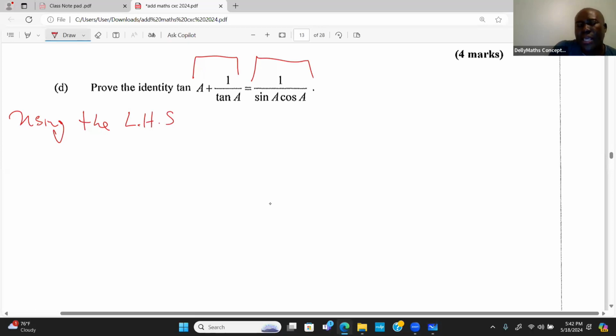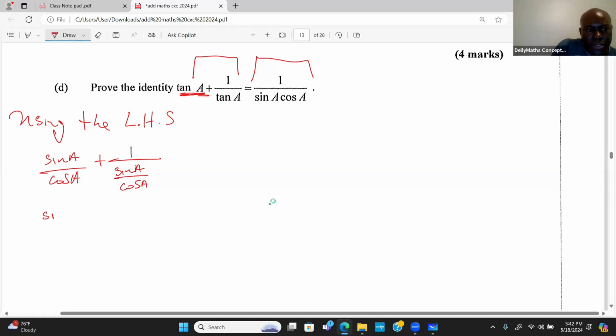So tan is sine over cos. So instead of writing tan A, I'm going to write sine A over cosine of A. So that is representing that, plus 1 over tan A again, which is the same thing as sine A over cos A. As you can see, it's the inverse of it, right?